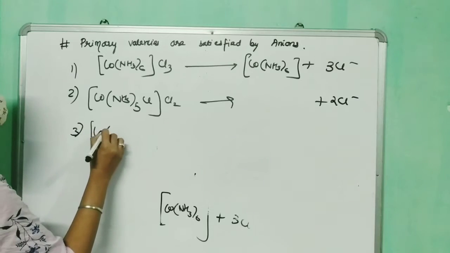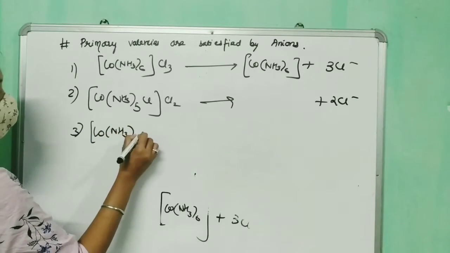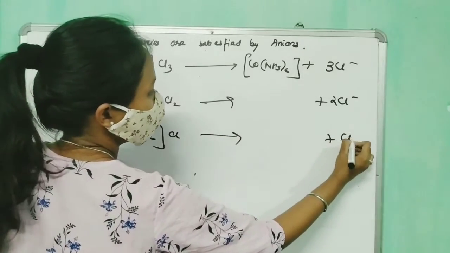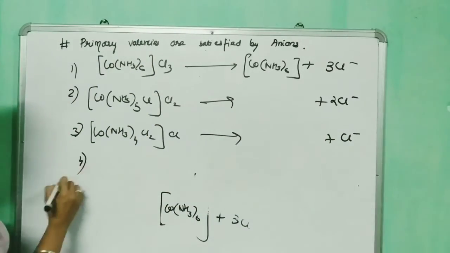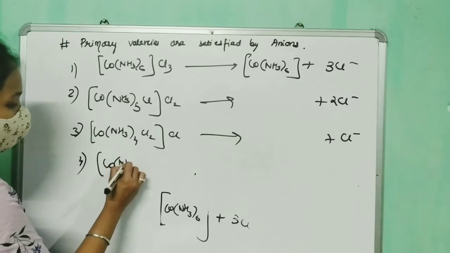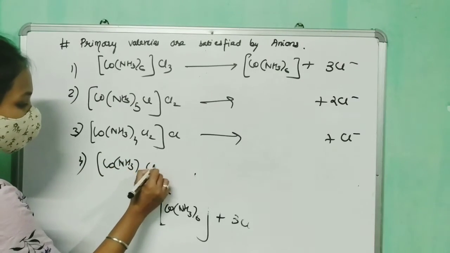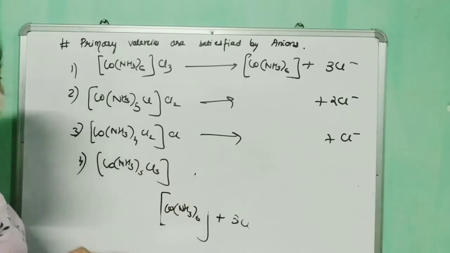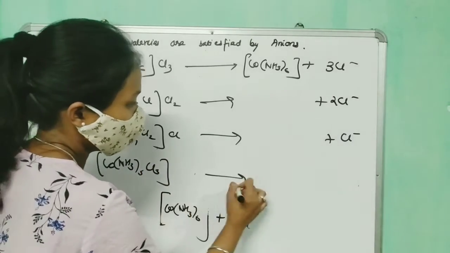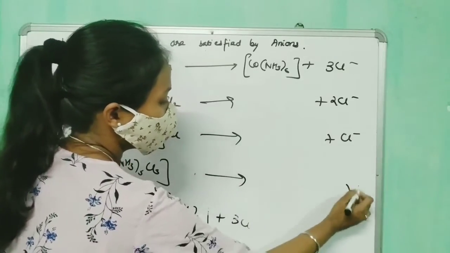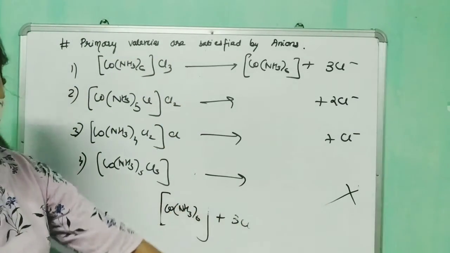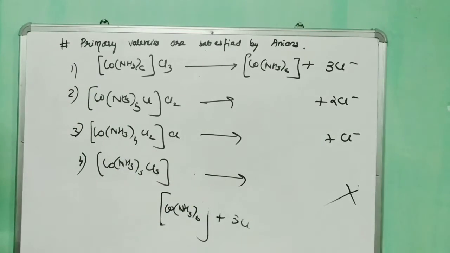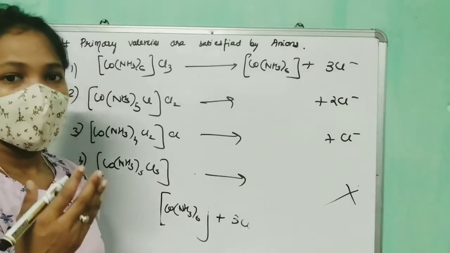Third, with 4 ammonia and 2 chlorine, only 1 chlorine is outside, so only 1 is ionizable. Fourth, with 3 ammonia and 3 chlorine, there is no chlorine outside the coordination sphere, so nothing is ionizable, because we don't have any anion outside.